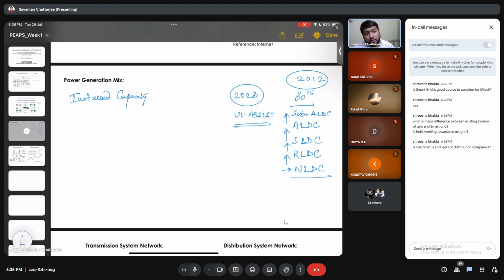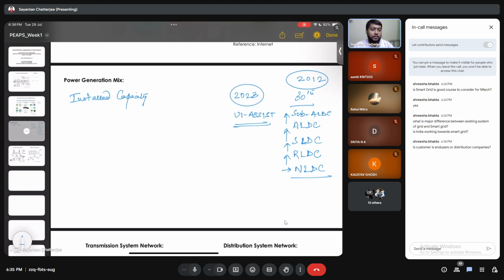Here for the customer, I am emphasizing the end users, because distribution companies are trying to involve all these things, but the loads need to be delivered to the customers, right? Distribution companies are willing to do all this, but it is the involvement of the customers that will aid in making our grid smarter. So I am referring to the customers as end users here.